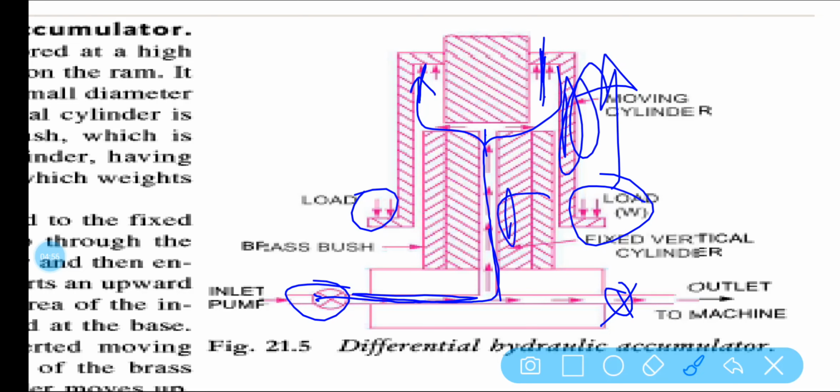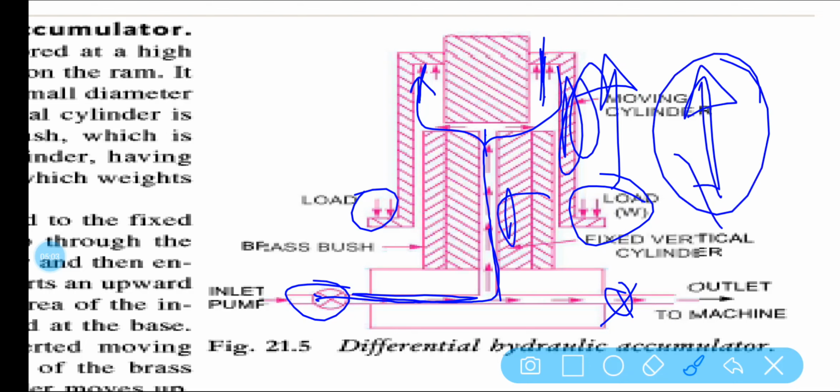So according to our need, we can place a particular object at a certain height, in a downward or upward direction, you can easily place the object. Okay, so I think it is clear. Basically the differential accumulator is a device in which the liquid is stored at high pressure by a comparatively small load on the ram.